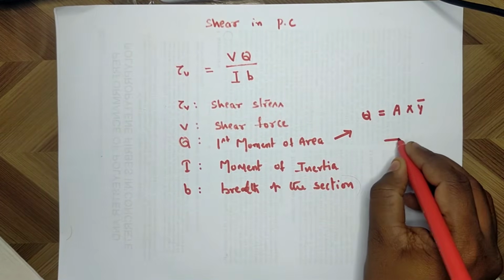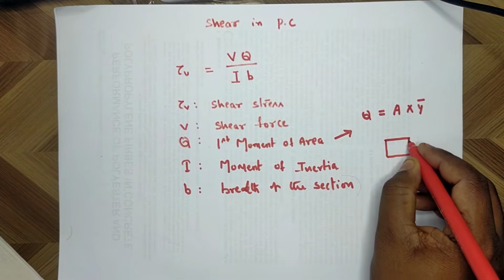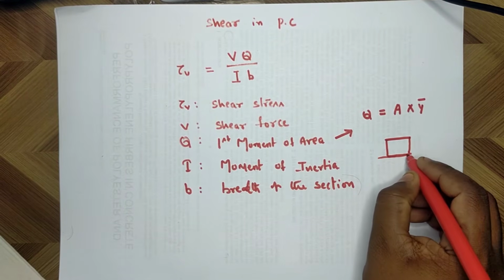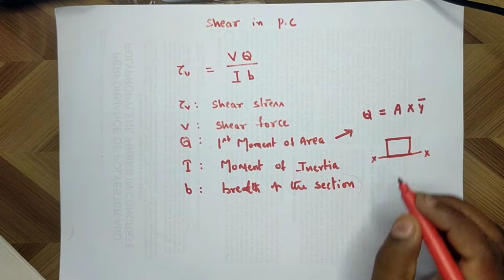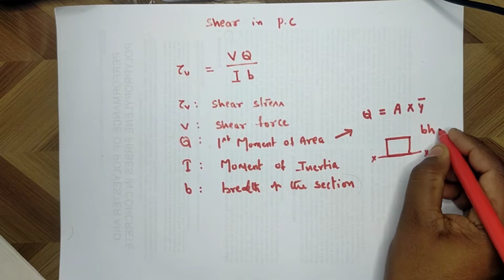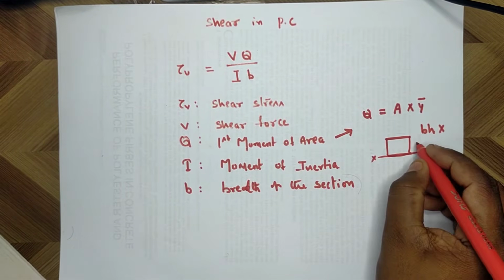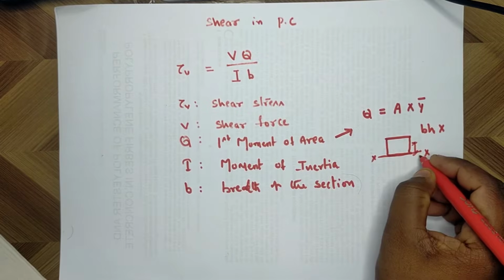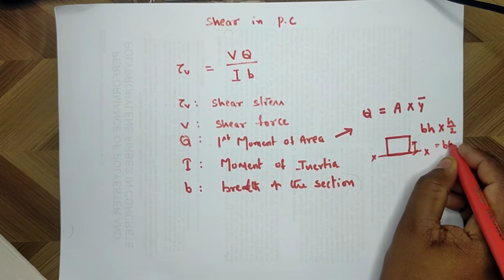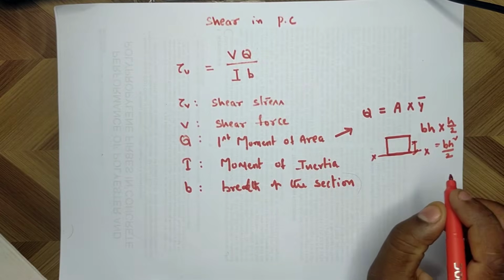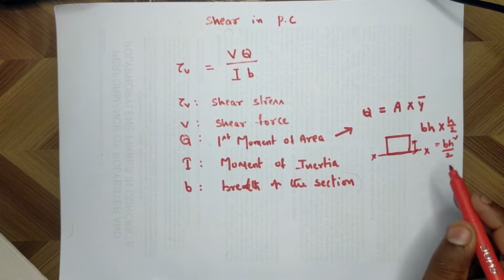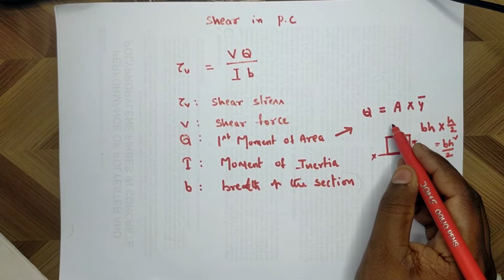To determine the moment of area of a rectangular section about the base axis, the formula will be area B into H multiplied by the distance from the axis to the central axis, H by 2. Then the formula will be BH square by 2. Like that, you can determine the moment of area for various sections.